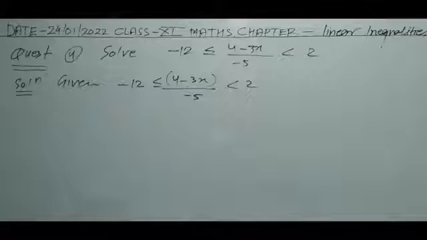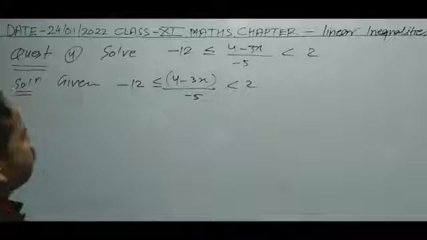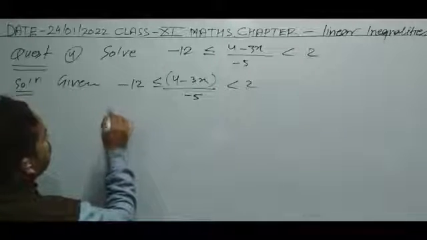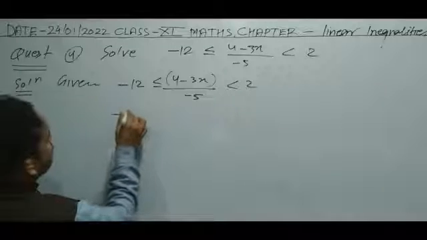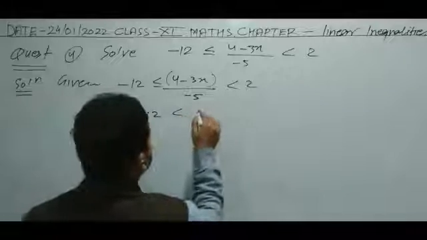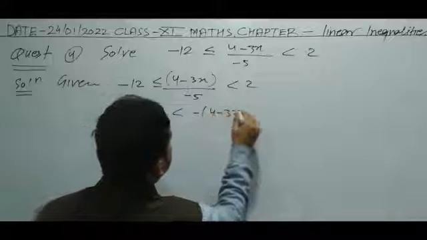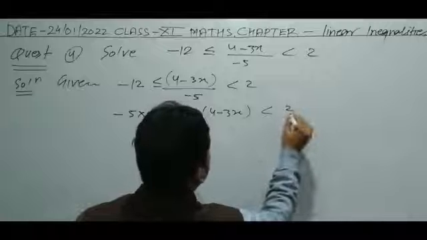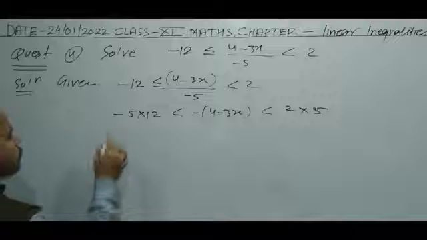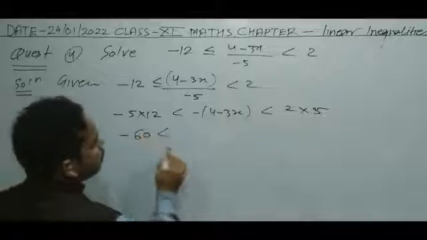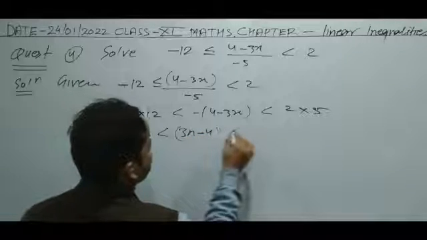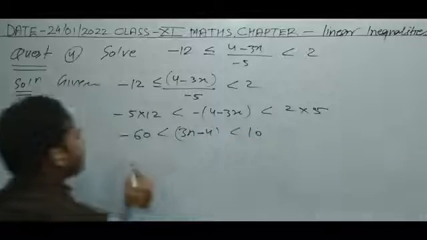So suppose we are going to multiply by minus 5 in this inequality. So what will be the result? Result will be minus 60 is lesser than 3x minus 4 is lesser than 10.